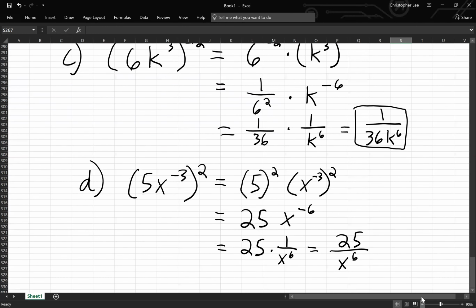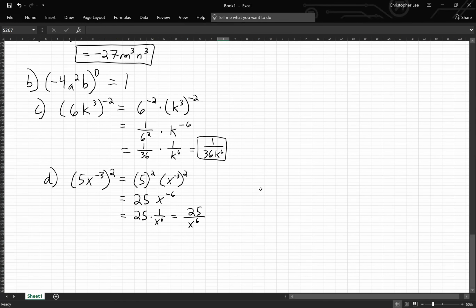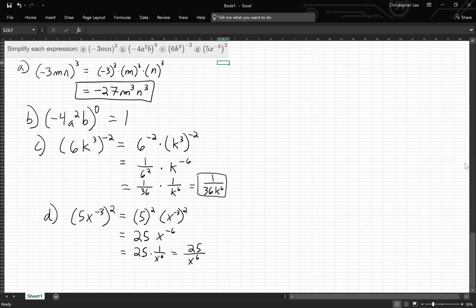Let me make it smaller because I realize it might be nice to just look at this together. Any questions on this? Why the 25 did what? Oh, you know what I should have done with the 25? I should have put it over 1. And then you can see that you're just multiplying straight across like that.